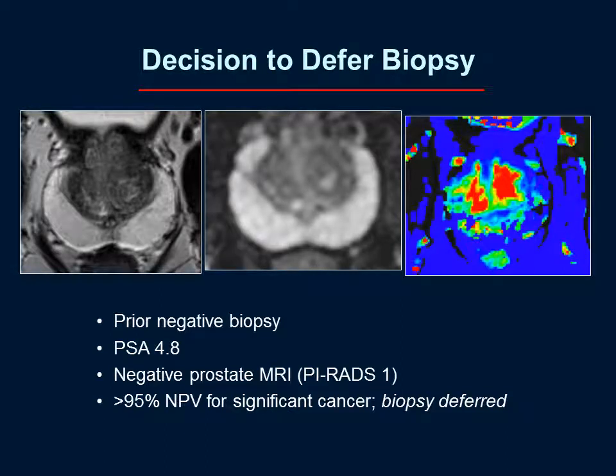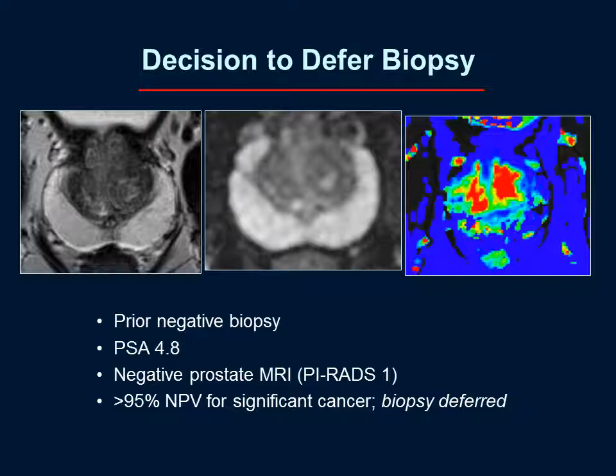And again, in terms of the value of a potential low score, this was a patient with a prior negative biopsy, PSA of 4.8. On MRI, we had a nice clean prostate, nice increased signal throughout the prostate on T2 and ADC. This was given a PI-RADS 1, which has over 95% negative predictive value for significant cancer in a number of studies.